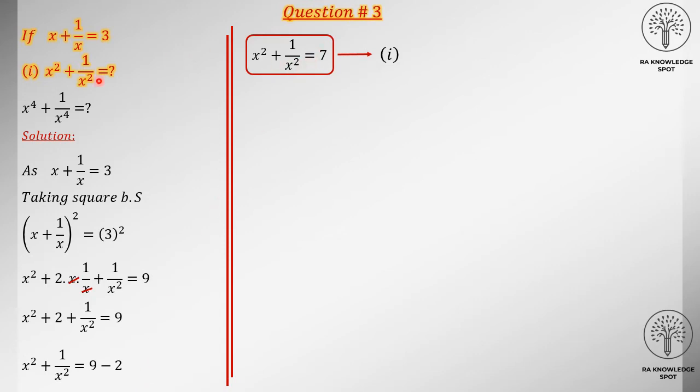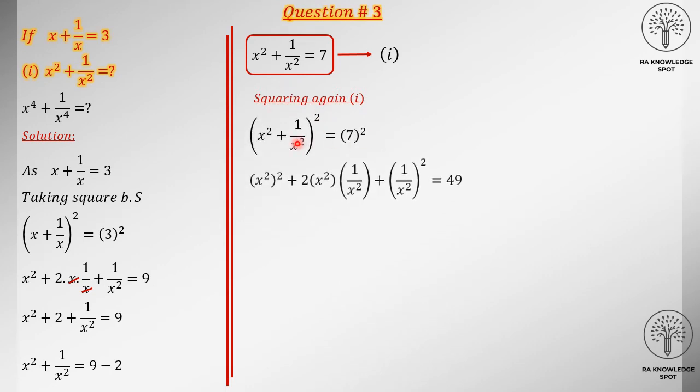Dear students, now see the other part that you have to find, x to the power 4 plus 1 by x to the power 4. We have to take the square again so that we get power 4. As you know this is power 2, and if we take the square again, definitely we'll get 2 2s are 4. For that we will write squaring again of equation number 1 this way. Now this is a square plus 2ab plus b square, and 7 7s are 49.